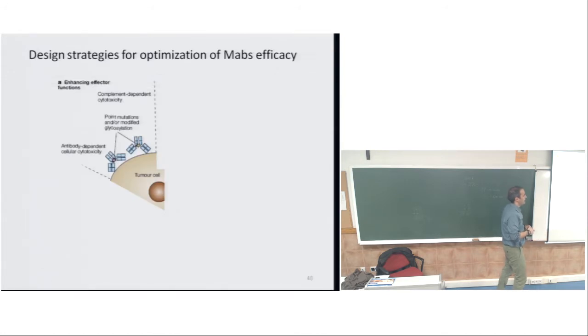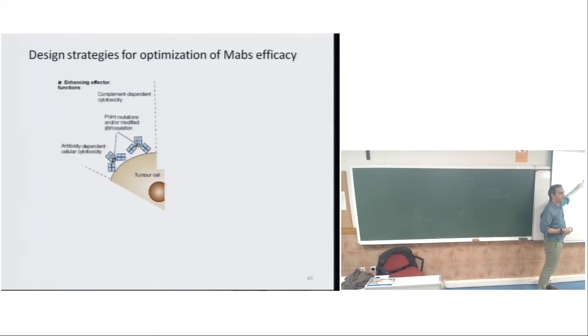And in the last part of the talk, I'm going to tell you about new strategies to improve the efficacy of monoclonal antibodies. The first one is that we can improve the recognition of the monoclonal antibody by those cells expressing the receptor for the Fc. Okay, how can we do that?